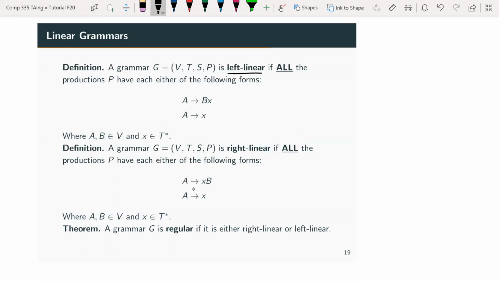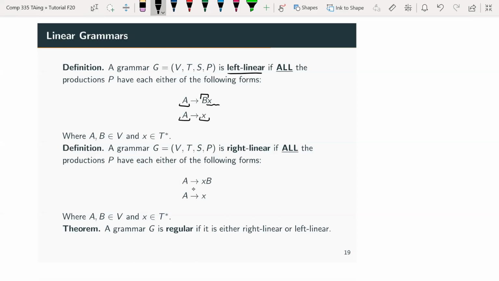A grammar G is left linear if all of the production rules have a single variable on the left-hand side, and then on the right-hand side, a single variable followed by a string of terminals, or you have a single variable on the left and then just a string of terminals.